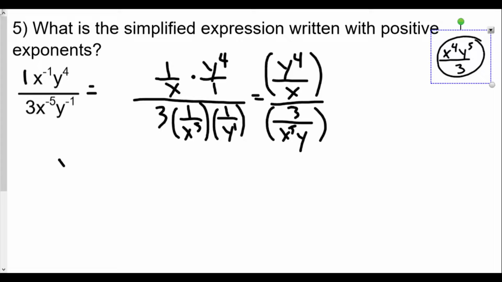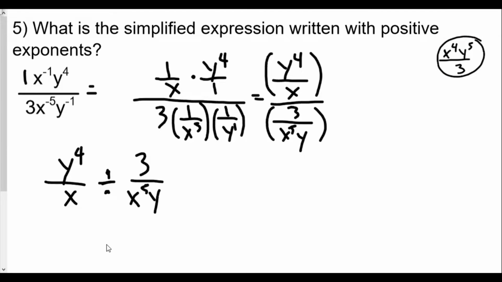So we have y to the fourth over x divided by 3 over x to the fifth times y. Sorry about that, ladies and gentlemen, my handwriting is terrible. Because 3 is 3 over 1. When you multiply fractions, numerator times numerator, denominator times denominator.